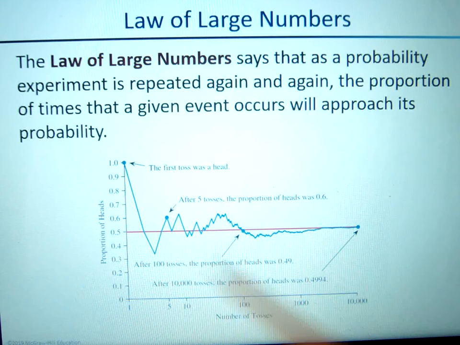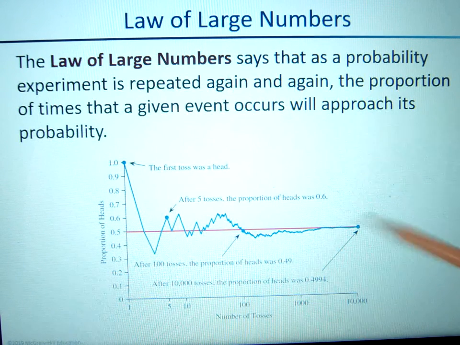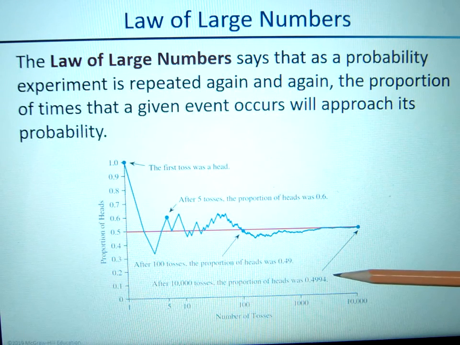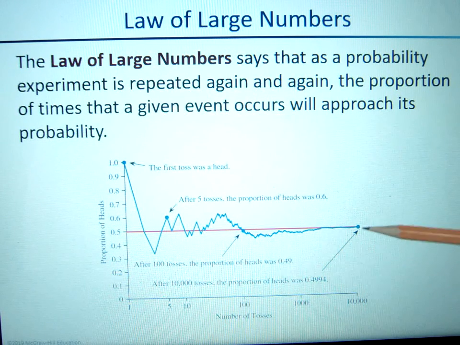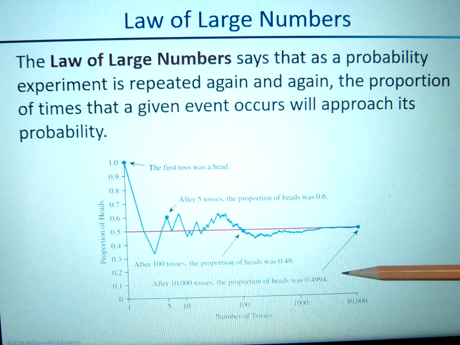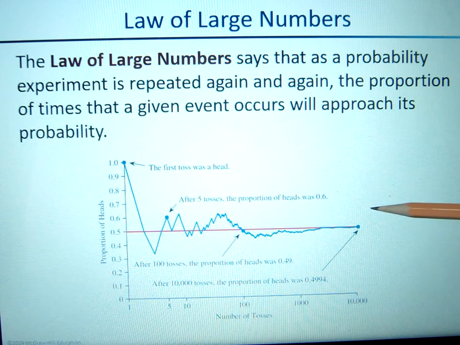So after 100 tosses, the proportion was 0.49. After 10,000 tosses, the proportion of heads was 0.4994, very close to 0.5. So similar to when we look at the limit, as it gets closer and closer to something, we can say the probability is going to get closer and closer to this number over a long period of events. Okay?